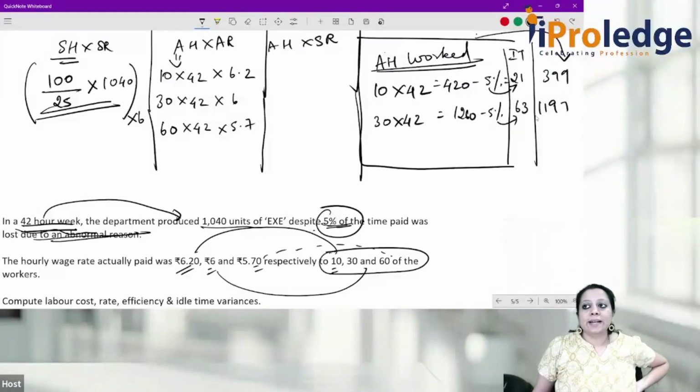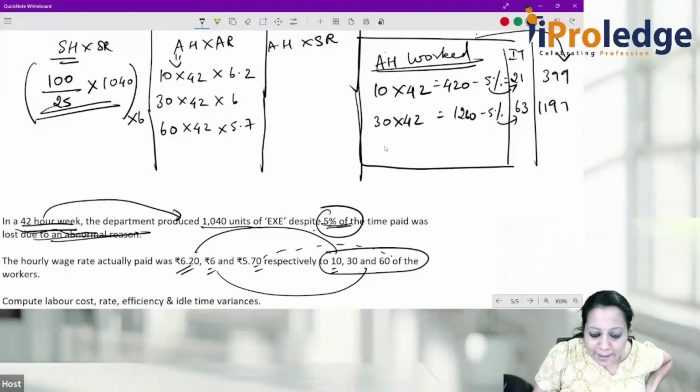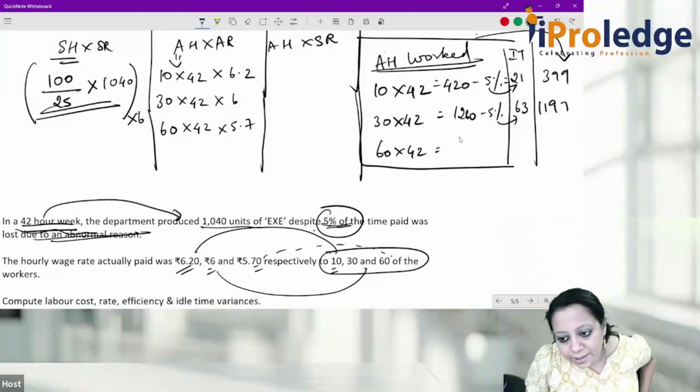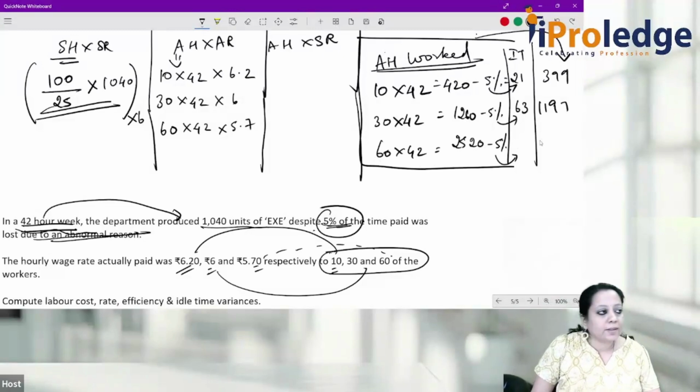If they have not asked for idle time variance, you don't need to do that idle time column. Directly you can do into 95%. Then it is going to be 60 into 42, 2520, minus 5%.